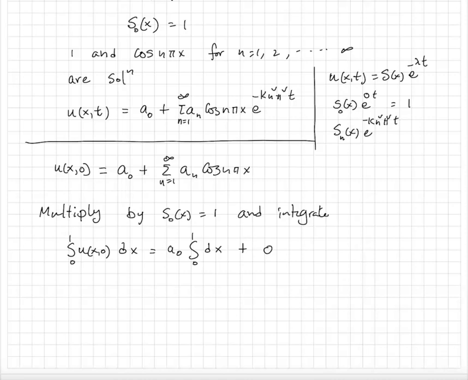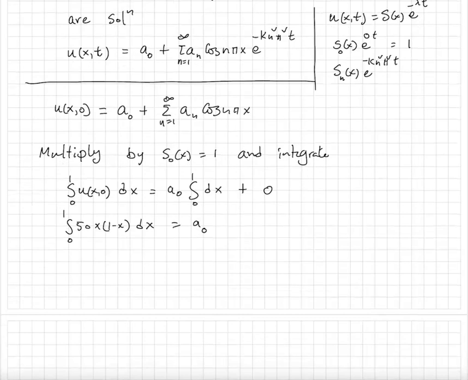And on the left hand side now, you go ahead and substitute 50x times (1 minus x) dx, and then on the right hand side you get simply a0. Okay, integrate on the left hand side, take 50 out, x minus x square, that would be half x square minus 1/3 x cube, and evaluate at 0 and 1.